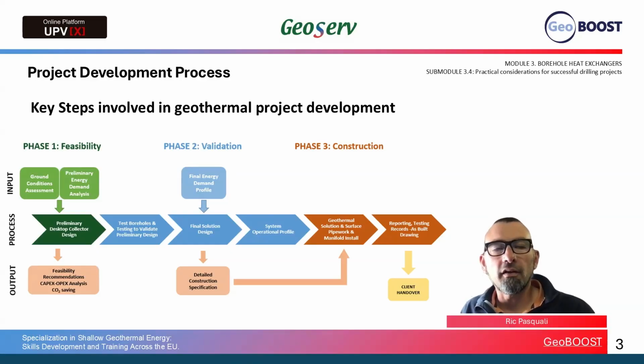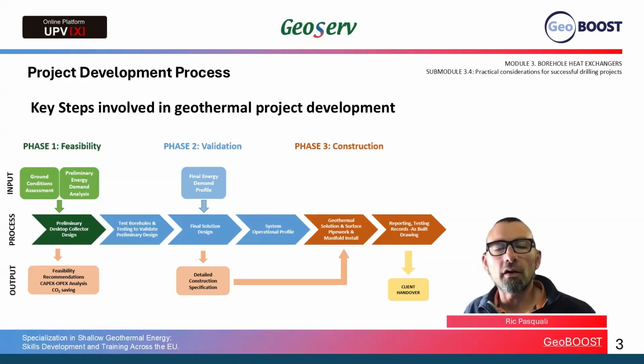You can see here a flowchart on the screen which demonstrates conceptually the main steps with respect to implementing a geothermal project. There is always an initial feasibility phase where a preliminary concept of a geothermal collector or water-to-water heat pump solution is devised.